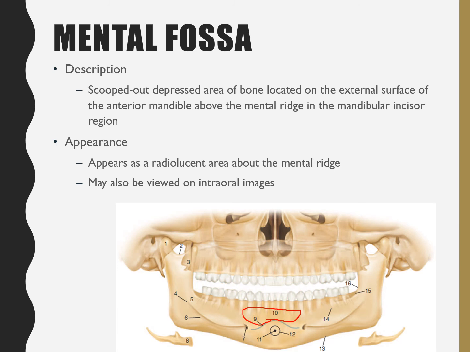It's just the part of bone right above your chin that's not as thick. The bone itself isn't thinner, it's just not as thick a structure, so it's not as dense and is a little more radiolucent. That's what fossa tells us: it's a depression.